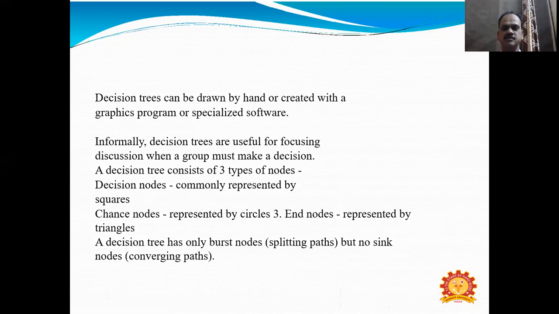At the end nodes, the end node is nothing but leaf nodes, so in the leaf node we should mention the triangles. Everyone should keep in mind: decision nodes, squares; chance nodes, circles; end nodes, that means leaf nodes, triangles.